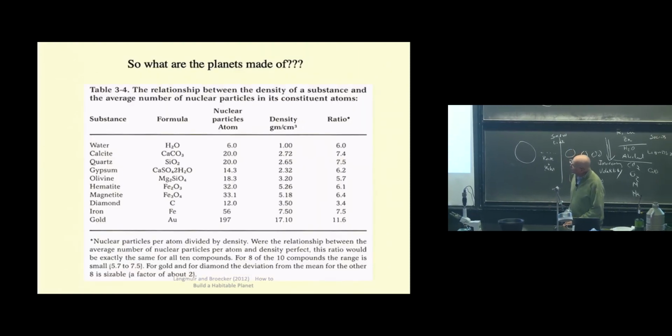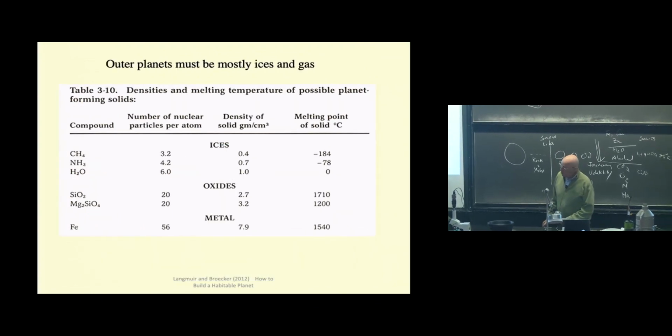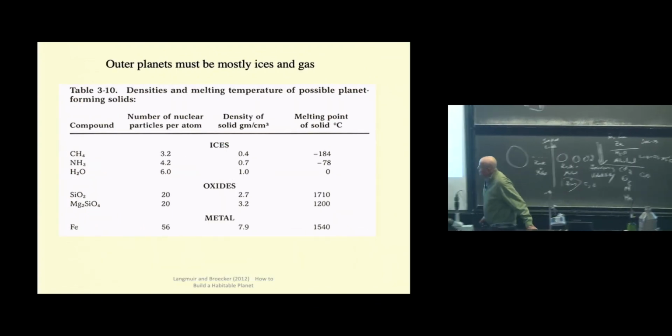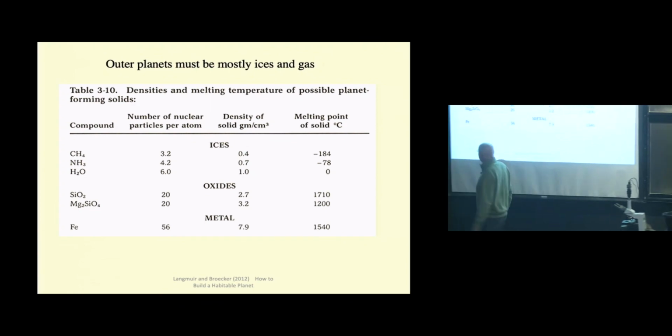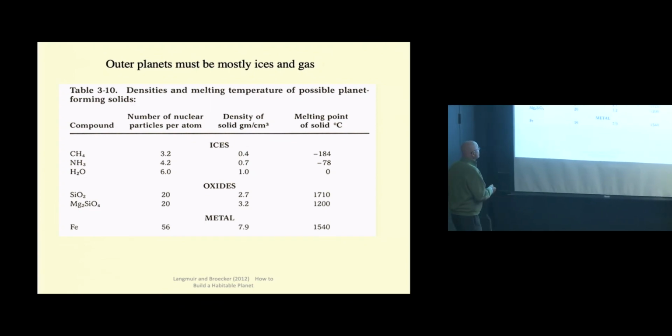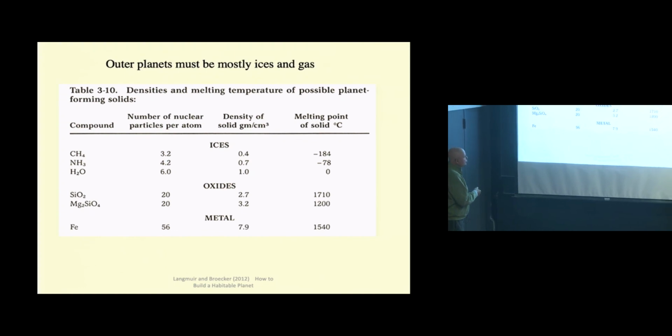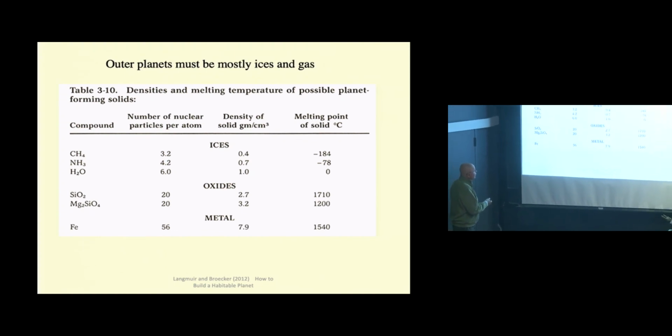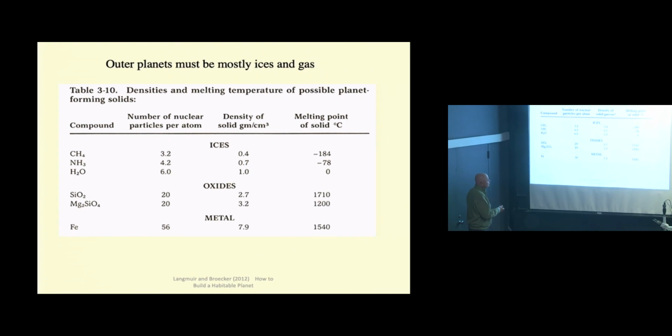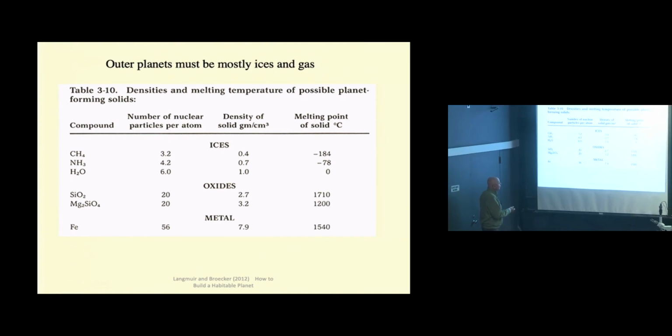So, what can the outer planets be made of? You look at the densities of the ices of the elements that are very abundant during nucleosynthesis, like methane, ammonia, water, CO2 would be there. And this is their number of nuclear particles per atom, and here their densities, very light.